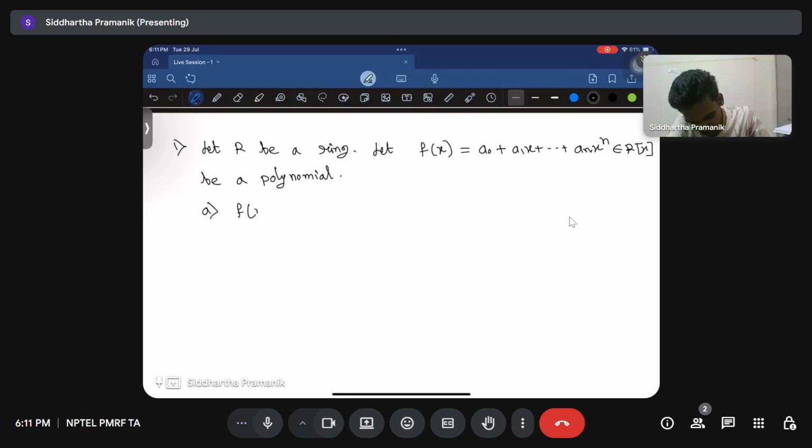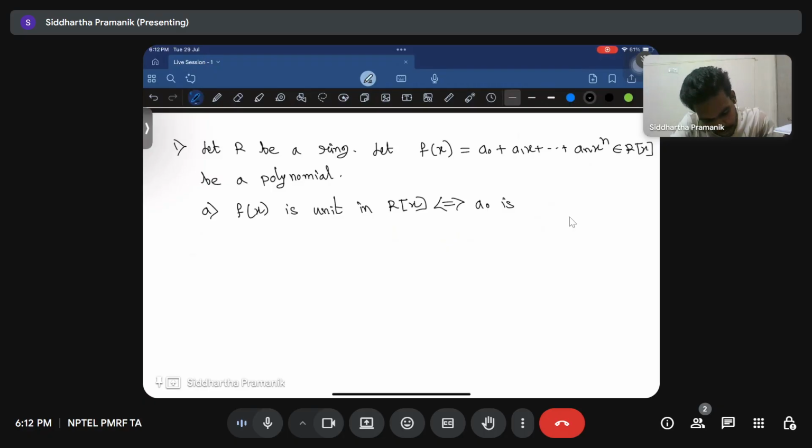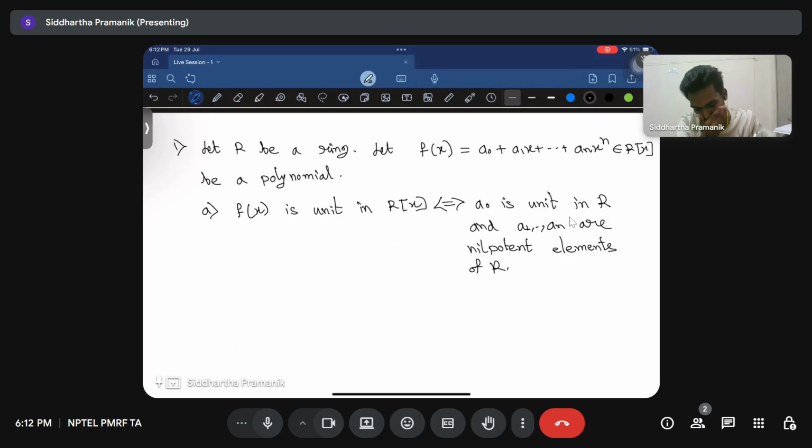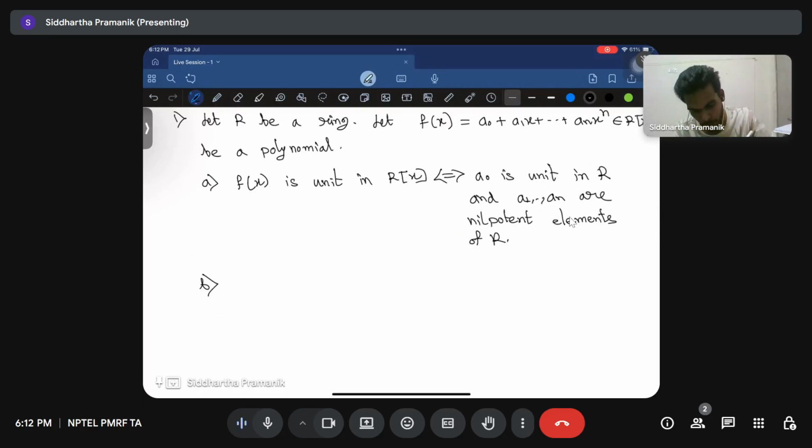So f(x) is a unit in R[x] if and only if a0, the constant term of the polynomial, is a unit in R, and the other coefficients a1 up to an are nilpotent elements of R. So this is the first statement.